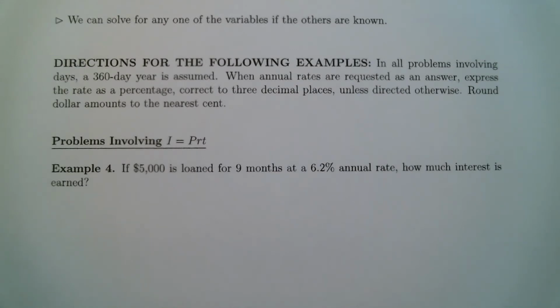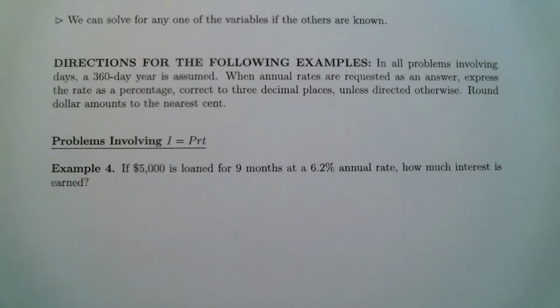Keep going with the directions. When annual rates are requested as an answer, express the rate as a percentage correct to 3 decimal places unless directed otherwise. That statement is just saying if your answer is going to be an interest rate, you need to express that answer as a percentage with 3 decimal places after the decimal point.